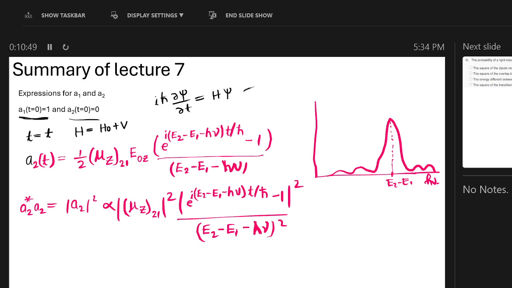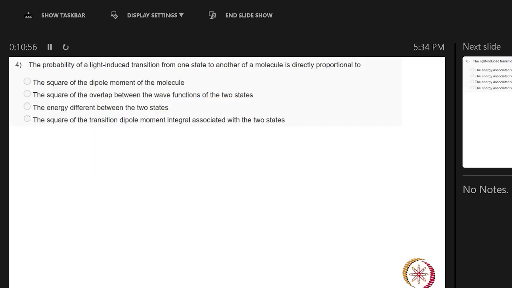We solve this equation and we find this coefficient a2. And to find the probability we need to take a square.